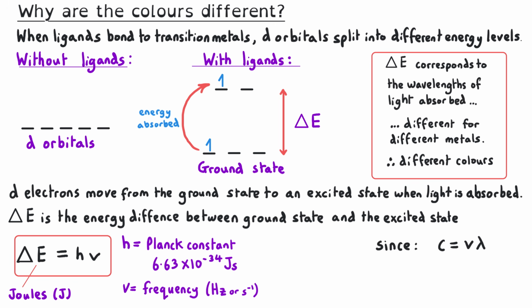Frequency and wavelength are linked together in the wave equation, where wave speed equals frequency multiplied by wavelength. Wave speed is in meters per second, and wavelength should be in meters.